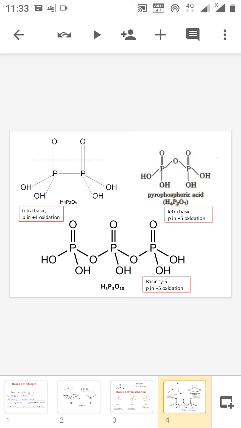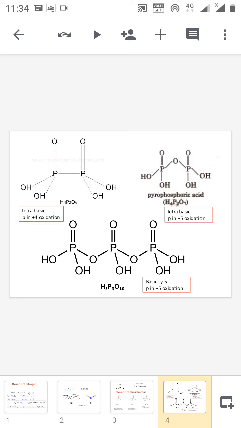Next we add one more oxygen, so we get H4P2O7. That is also tetrabasic since it contains four ionizable OH groups in the structure, and phosphorus is in the +5 oxidation state. The next structure is H5P3O10.